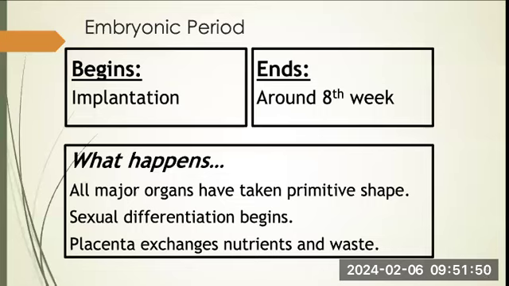Okay, so the embryonic period begins at implantation, usually about day 10, and ends around the 8th week. What happens? All major organs have taken primitive shape, sexual differentiation starts, and the placenta exchanges nutrients and waste. So sexual differentiation, something many of you may not know, is we all actually start off female. And it is the Y chromosome that triggers the change.